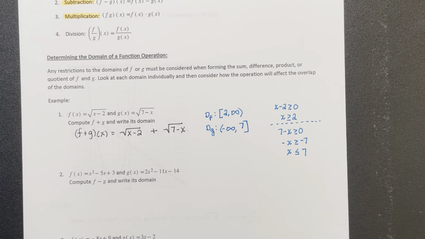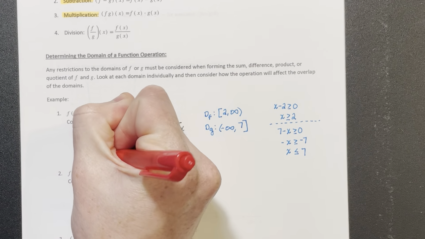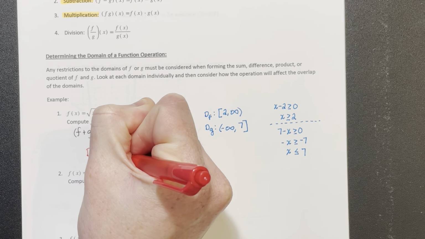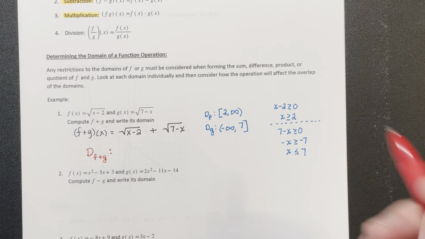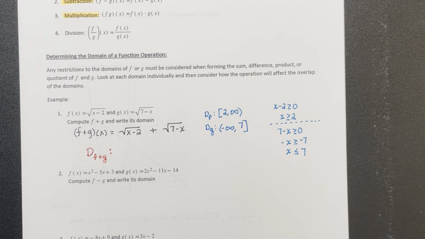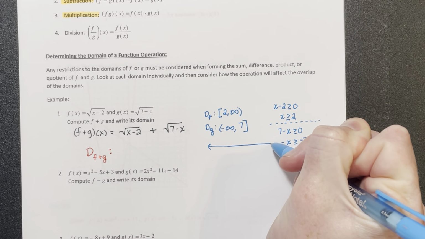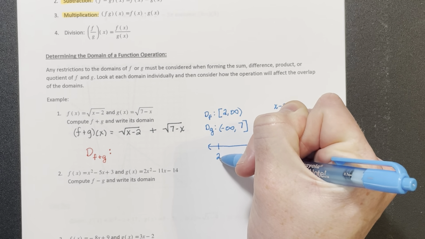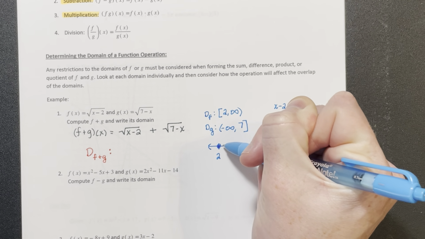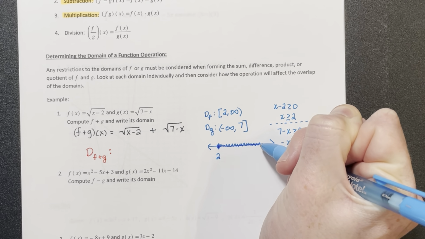And so if we have combined our functions together, we want to look at the resulting domain of that function, the domain of f plus g. If I look at the overlap between those, sometimes it's helpful to consider a number line. So I'm going to graph the first one: it would be 2 with a bracket all the way to infinity, so it would just go up to the right.